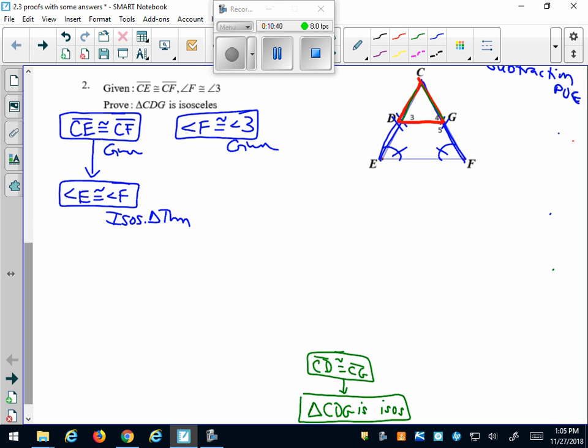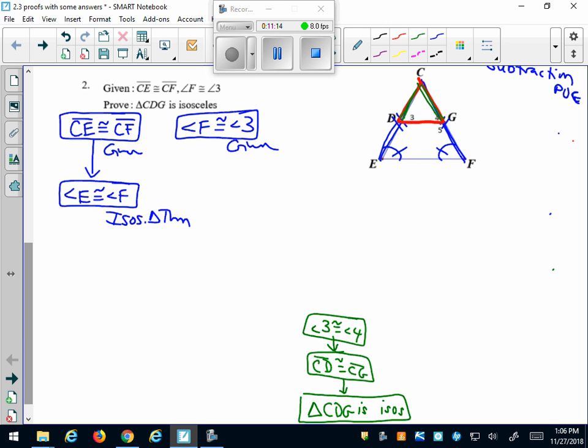All right, well, what do you think the statement right before that's going to be? Johan? Good. Probably angle 3 congruent to angle 4 would be a conclusion we could make from some other direction, which would then allow us to say that CD is congruent to CG because of the converse of the isosceles triangle theorem, right?